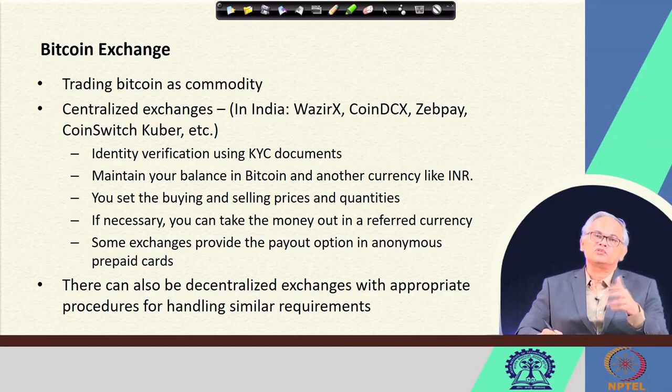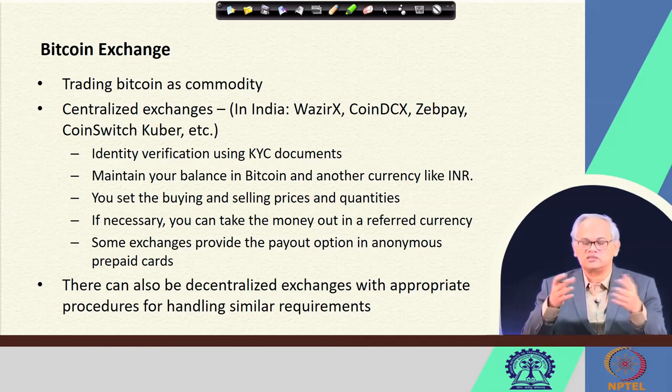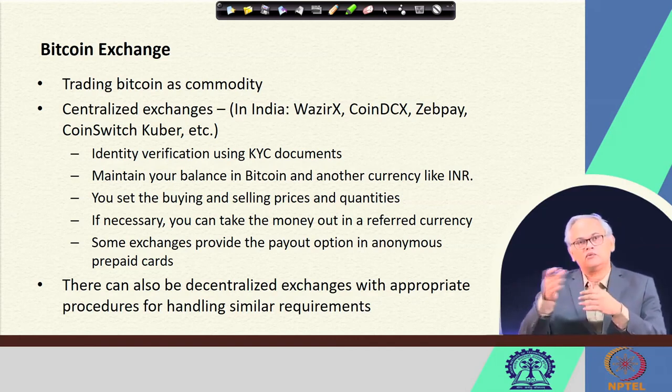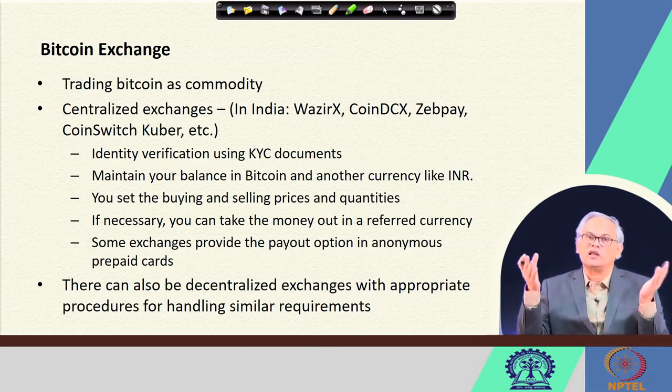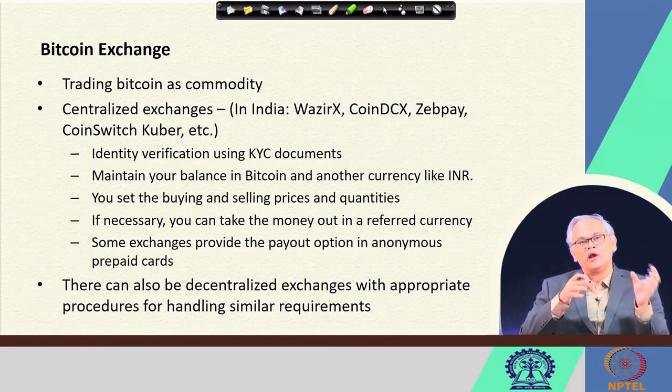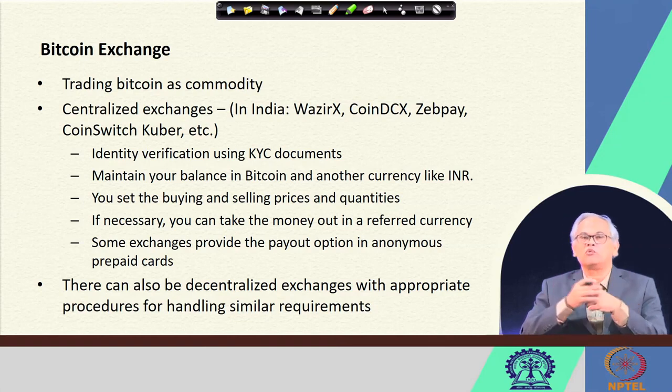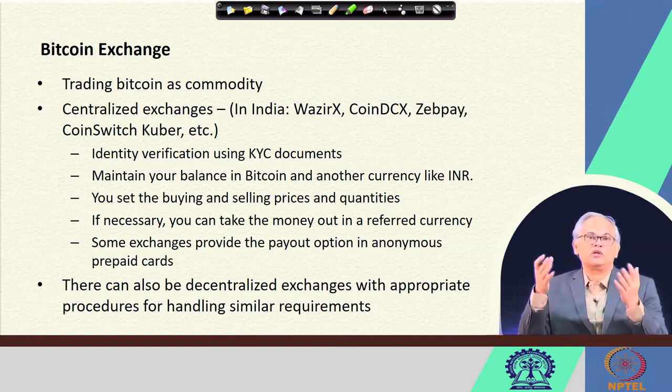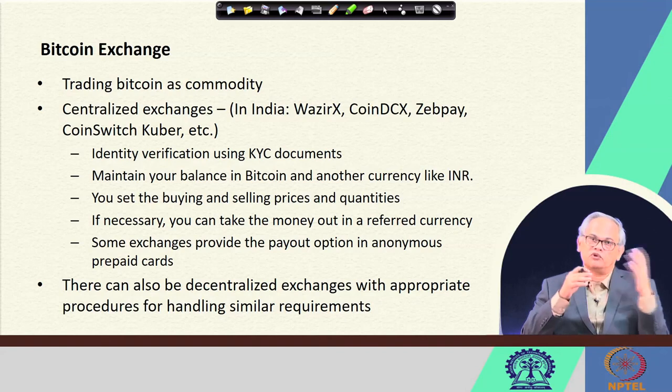So, the entire process is kept anonymous, because if it is transferred to your bank account, then the centralized exchange knows that this money went to this particular person, this person was trading. But some countries might allow anonymous trading also, where it is not transferred to the bank account of an individual, but it is paid out in the form of an actual real currency from cryptocurrency.